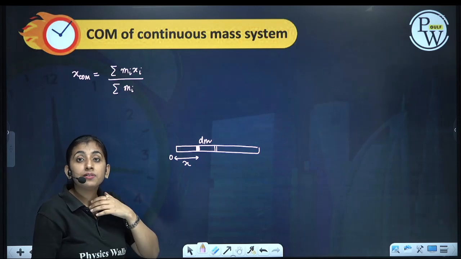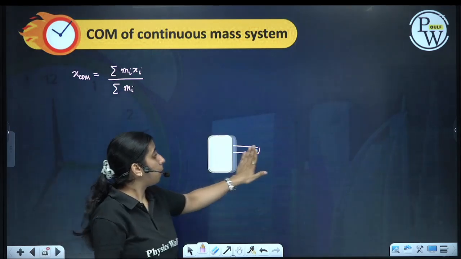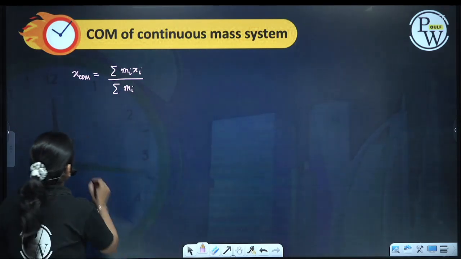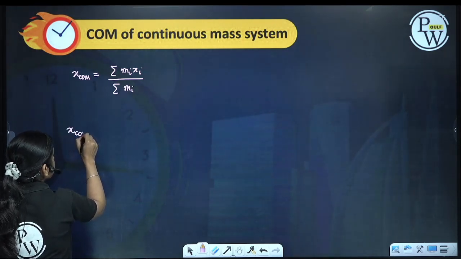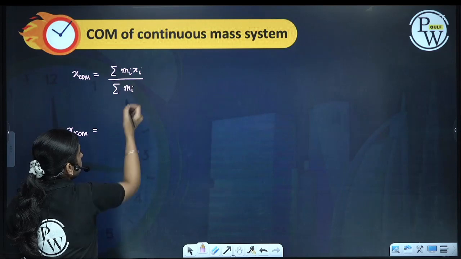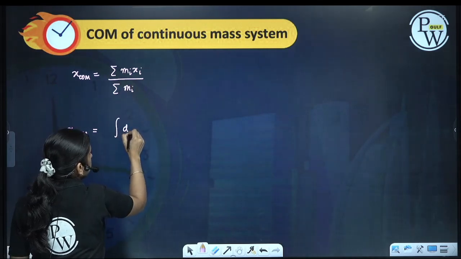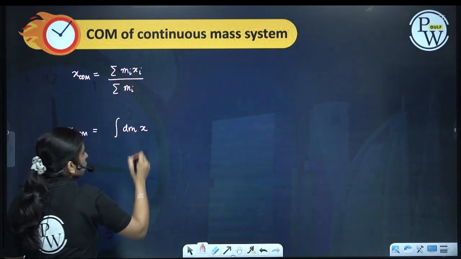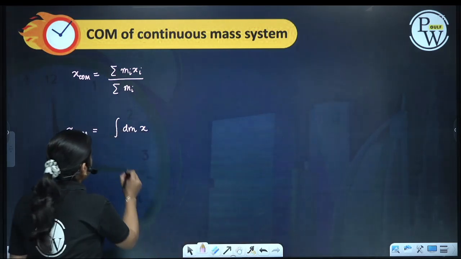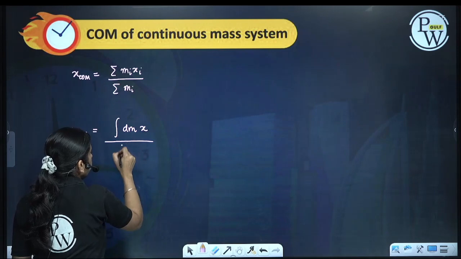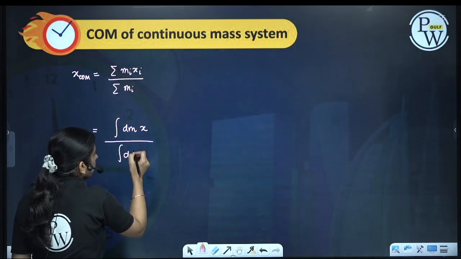Now when we have an infinite sum, we can write it in the form of integration. So for a continuous mass system, summation mi xi becomes the integral of x dm, and the summation of all the mi becomes the integral of dm.